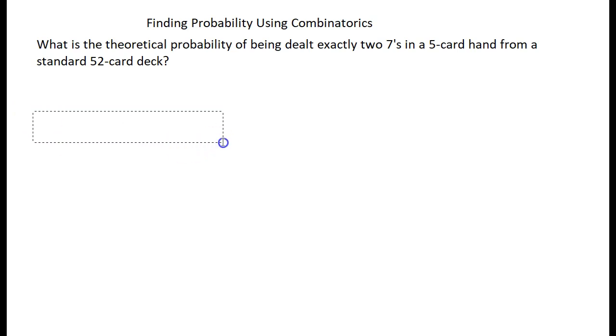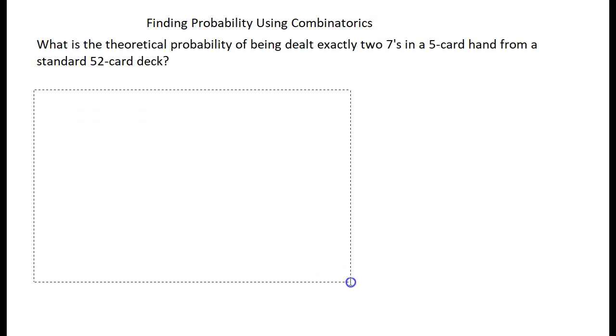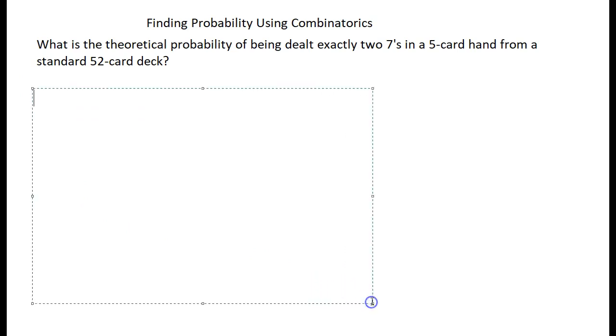Now, what I'm going to do is get a text box. Let me get a big one. First thing we need to find is the number of combinations of getting 2 7s from 4.